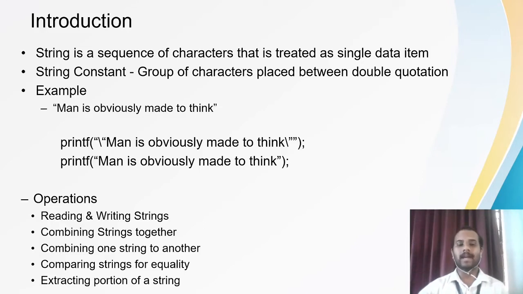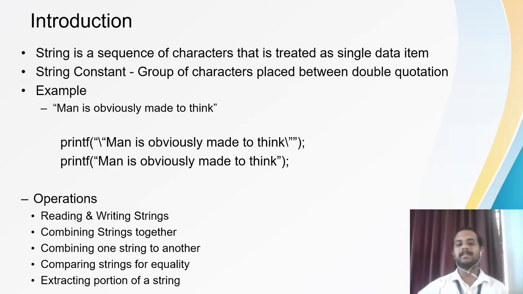Any group of characters placed between double quotation marks is a string constant. So this is also a string constant. Now if you notice here, I have used two printf statements.